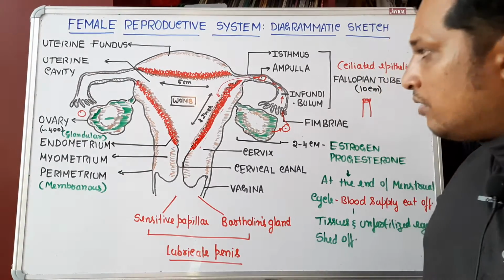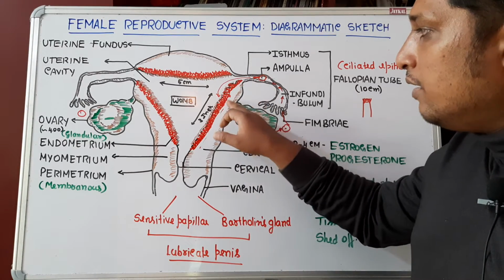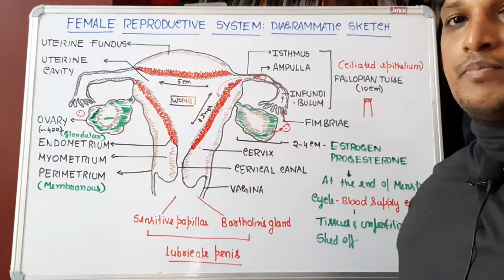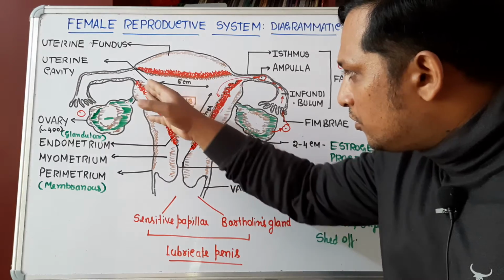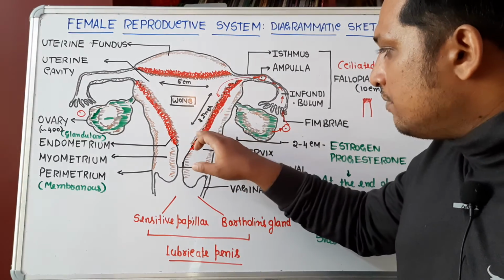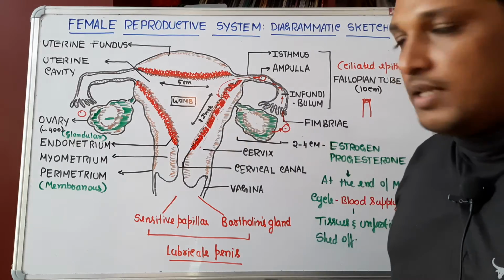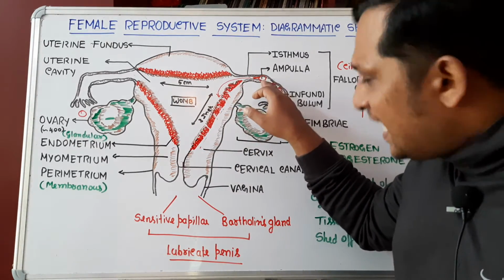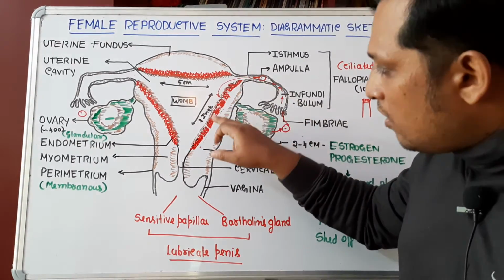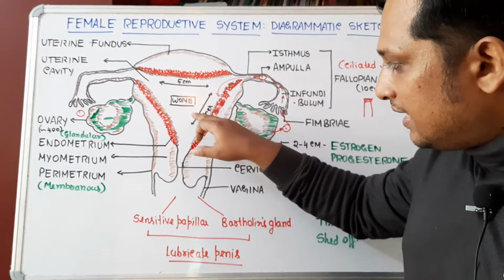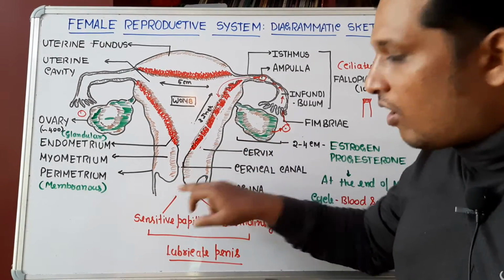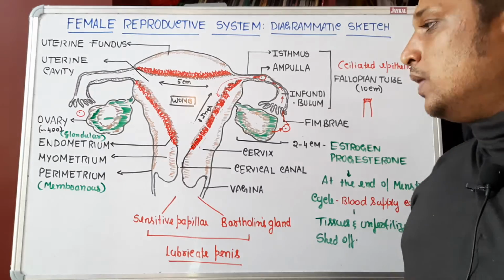When the amount of hormone decreases, the wall will not get any blood supply. If blood supply is not received, the endometrium starts to break down, and the unfertilized egg along with the endometrium layer is shed off, and that is called menstrual bleeding.